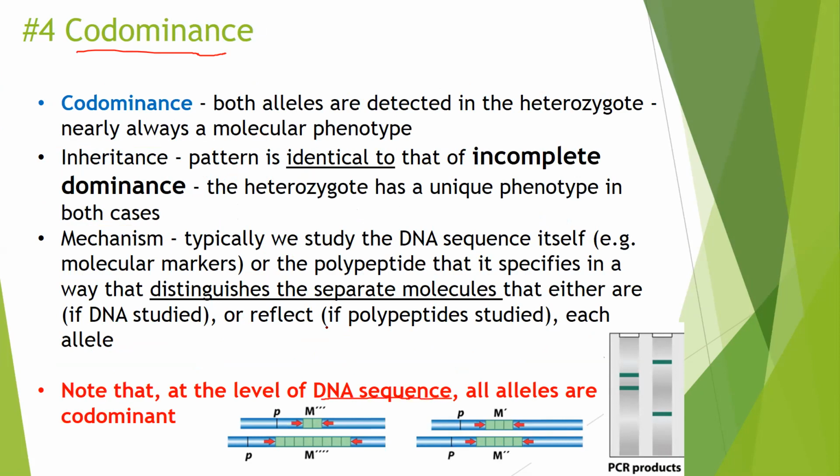Usually they are codominant because in any heterozygous individual, you can detect both alleles simultaneously. In terms of inheritance, the pattern for codominant alleles is identical to that of incomplete dominance. We mentioned this before.